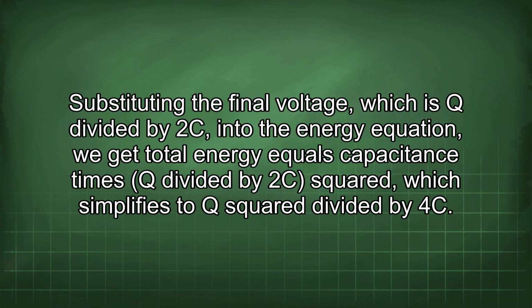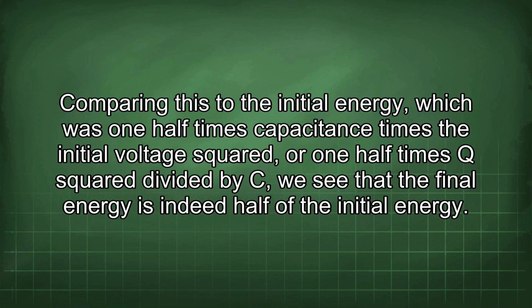Substituting the final voltage, which is Q divided by 2C, into the energy equation, we get total energy equals capacitance times (Q divided by 2C) squared, which simplifies to Q squared divided by 4C. Comparing this to the initial energy, which was 1/2 times capacitance times the initial voltage squared, or 1/2 times Q squared divided by C, we see that the final energy is indeed half of the initial energy.